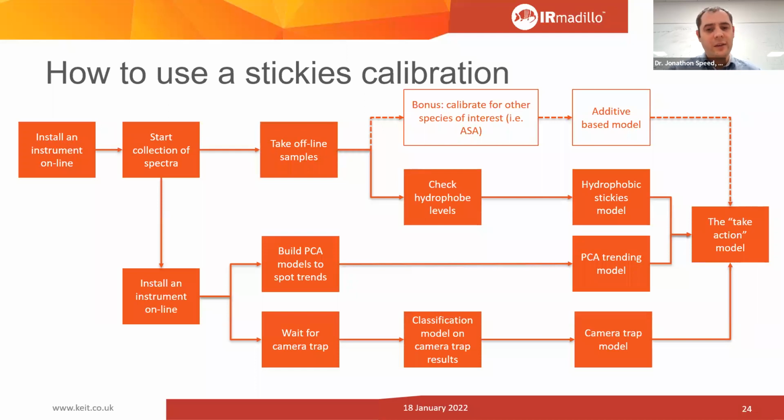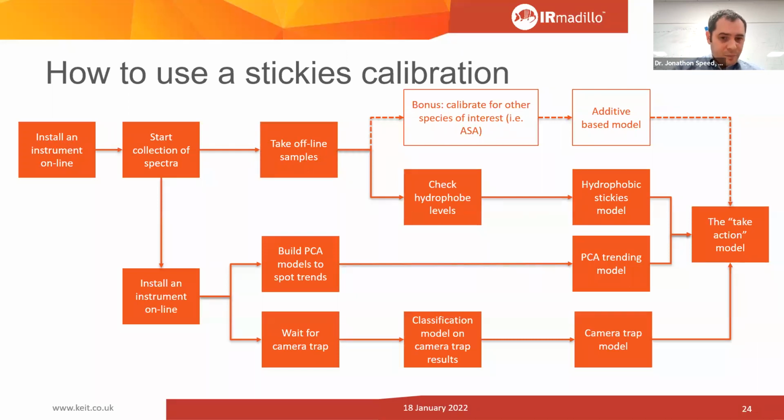So if your hydrophobe level goes up, your stickies is almost certainly going up as well. So that's a model we can build. We do need to take samples offline to do that, but it's not too difficult and it's fairly easy to do. So we can throw that calibration in at the same time. Bear in mind, you can run multiple calibrations at once.